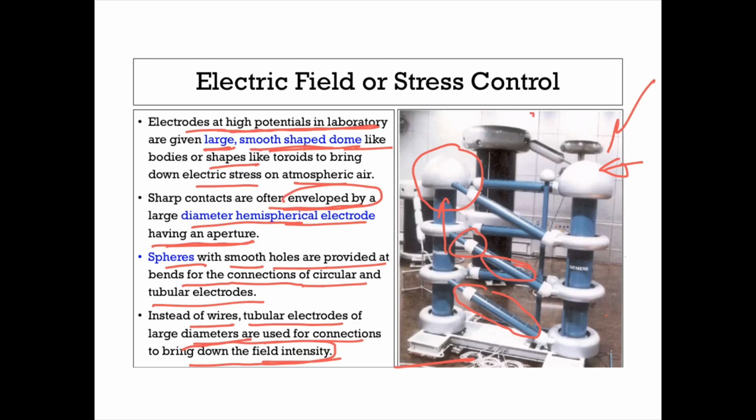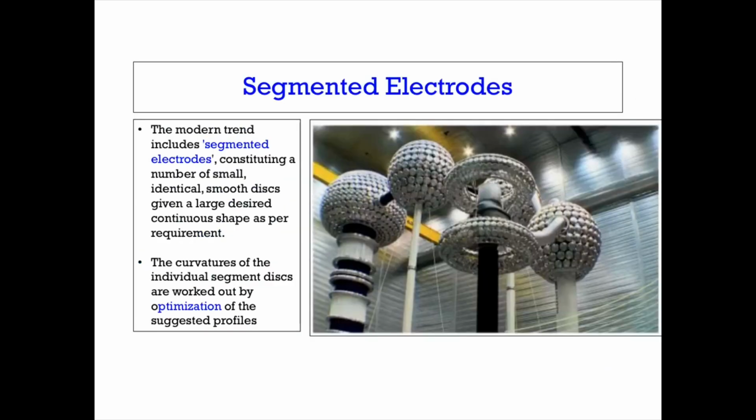You can also notice that there are toroids, and these toroids are essentially to produce uniform electric field. If the equipment is of very large size, then the trend is towards developing such equipments by using segmented electrodes. You can notice there are small segmented shapes here. These are very smooth and disc type structures.